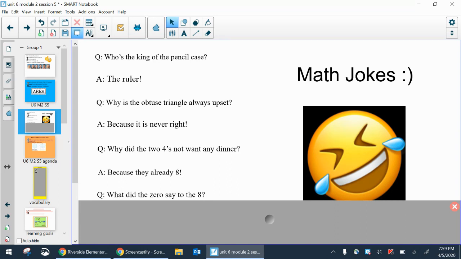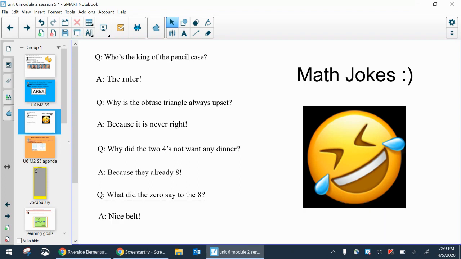What did the 0 say to the 8? Any ideas? Let's take a look. Nice belt. Now that one did take me a little bit of time to figure out, but I did like that one once I got it. All right, feel free to share these jokes with your family and have fun with them.